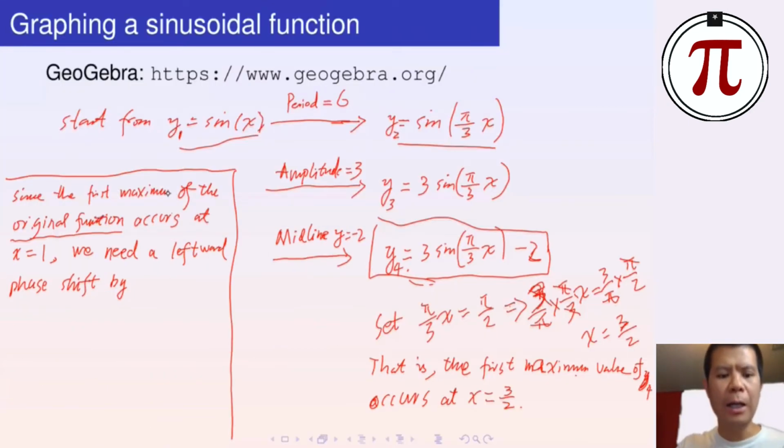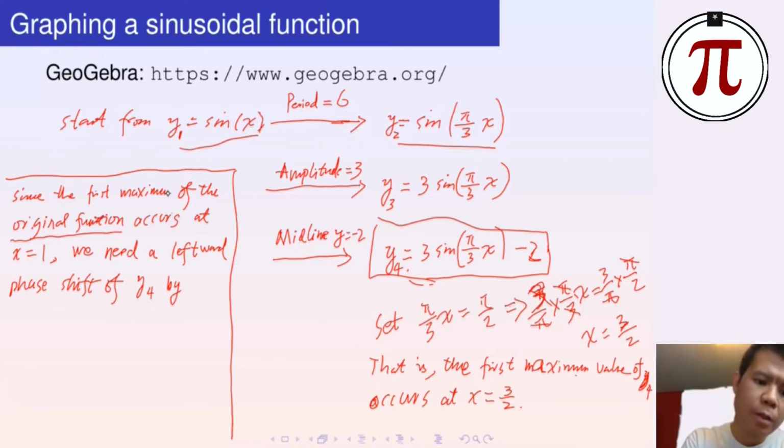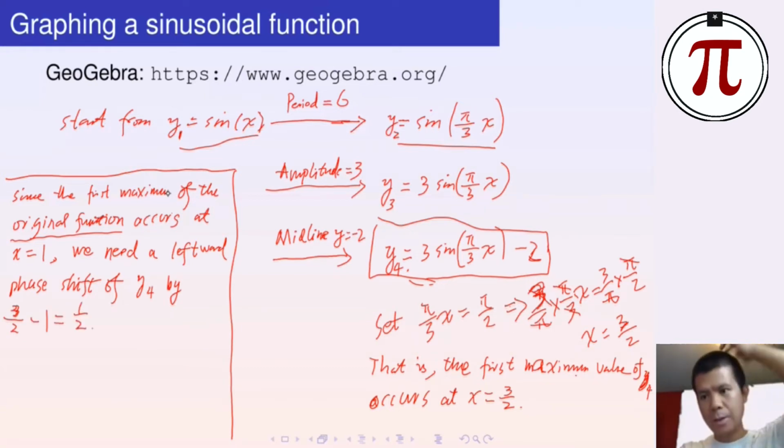So we need a leftward phase shift of y4 by the size of what? That's going to be minus 1, which is 1/2. Yes? And then what we need is doing the shifting.